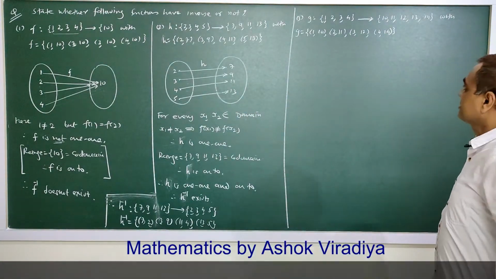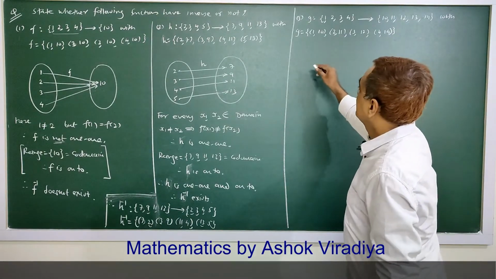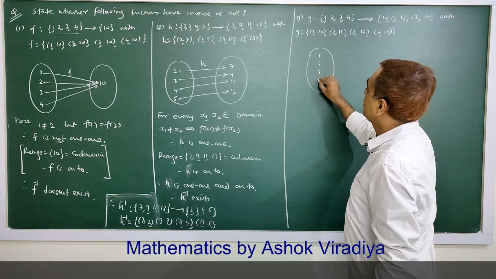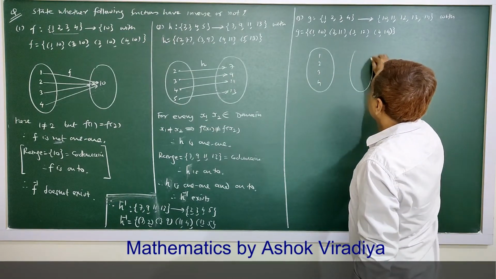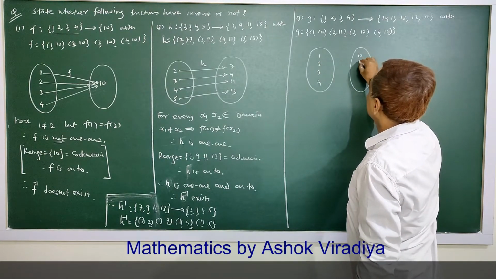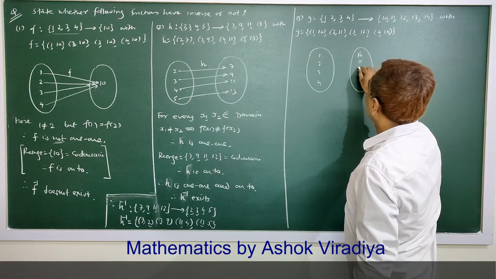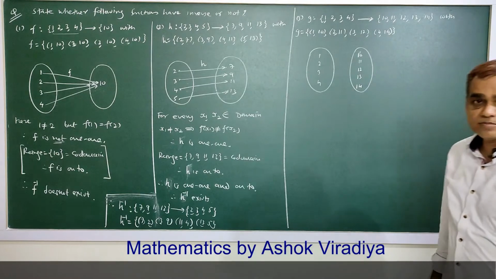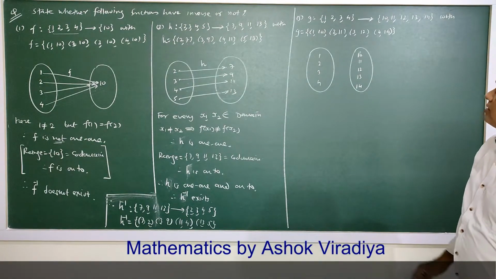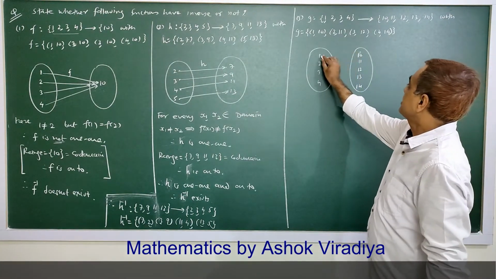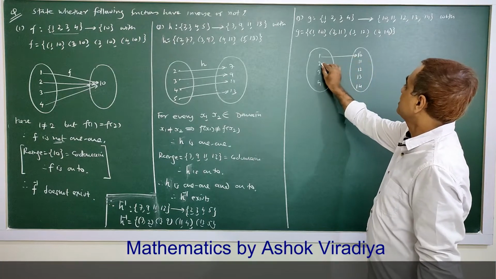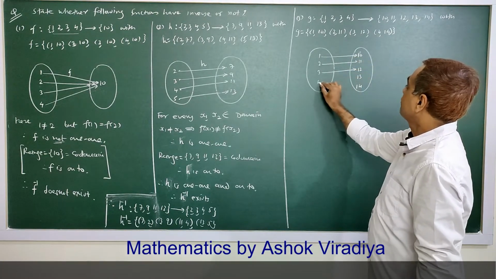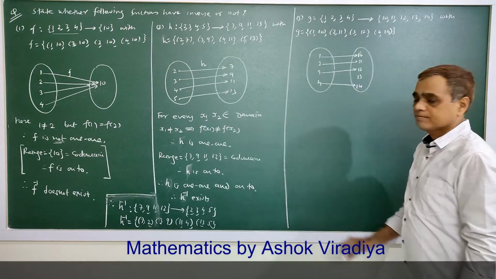Now in this question, say the given function is g, domain is 1, 2, 3, 4, codomain is 10, 11, 12, 13, 14. Image of 1 is 10, image of 2 is 11, image of 3 is 12, image of 4 is 14.